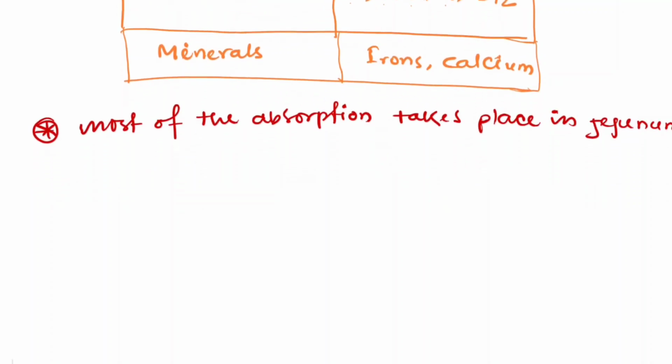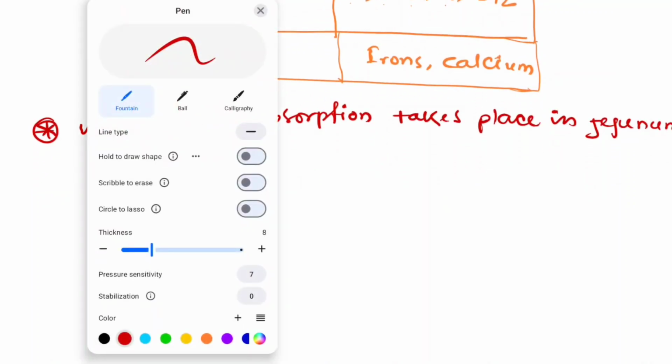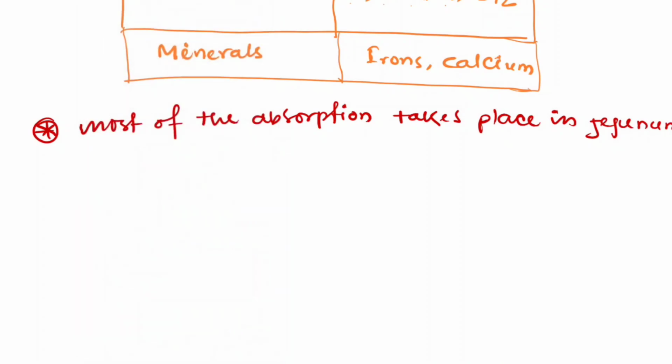Okay, so this is the star point. Again we can write movements. Next point, in small intestine two types of movements mainly we can see.